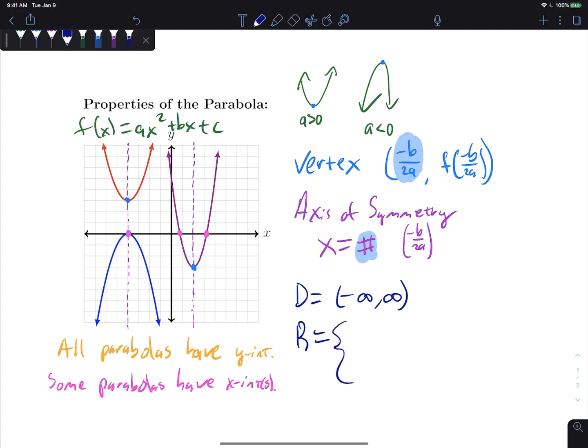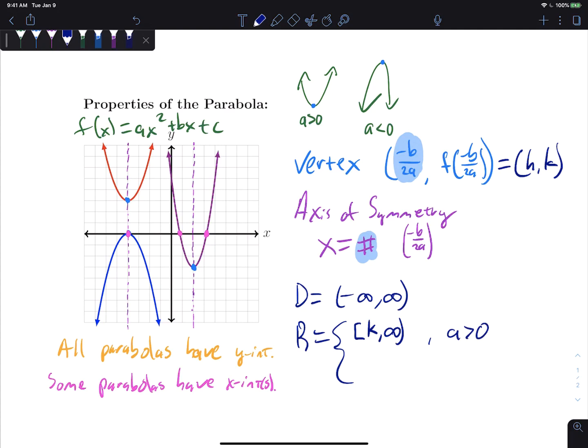So for the range, the y value of the vertex, now I'm going to call the vertex h comma k, and it'll make more sense a little bit later on. If the parabola's opening upwards, the range is going to be k comma infinity, including k, excluding infinity, because we always exclude infinity, given that a is positive.